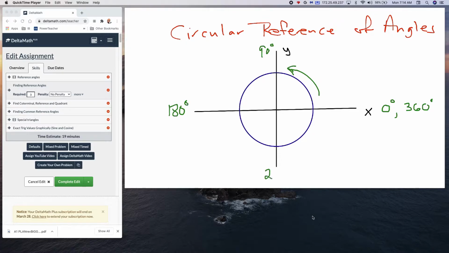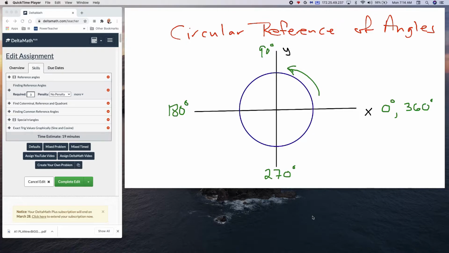This is 270 degrees. And then we're back to 360. If you're a skier or a snowboarder, when they talk about a 720 or a 1080 or something like that, that's what they're referencing: how many times the individual rotated. So we're talking about rotational reference angles, angles made using rotation.